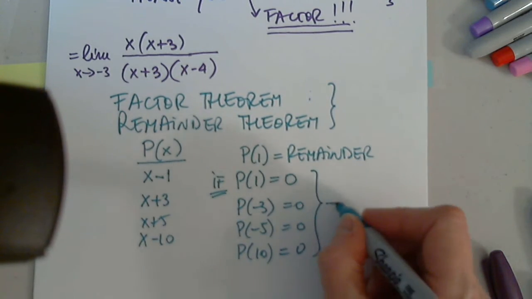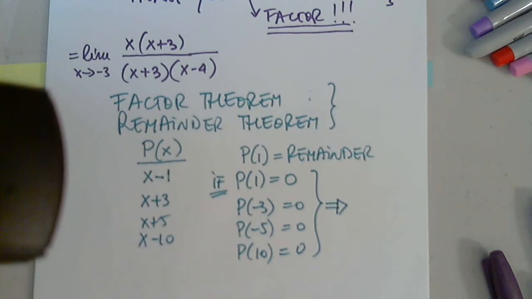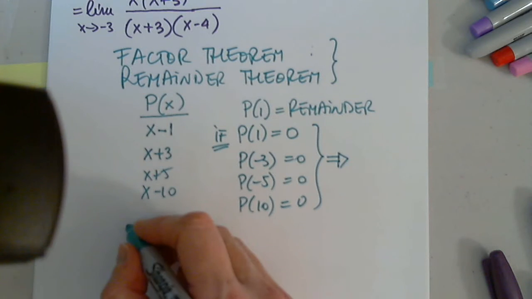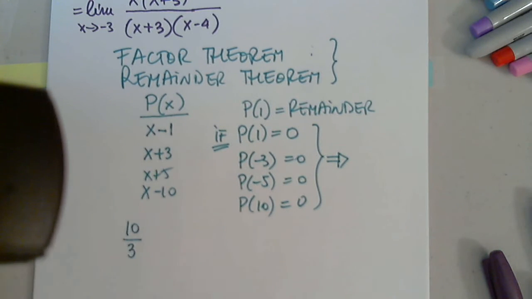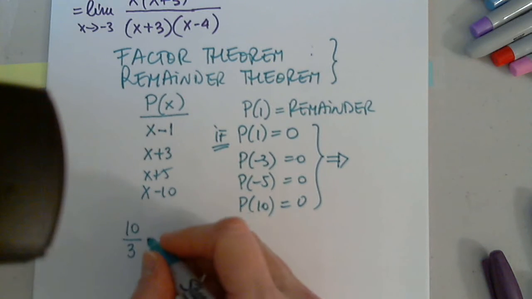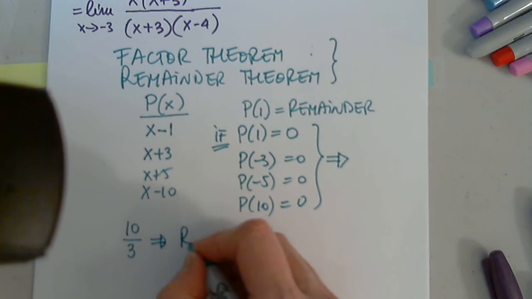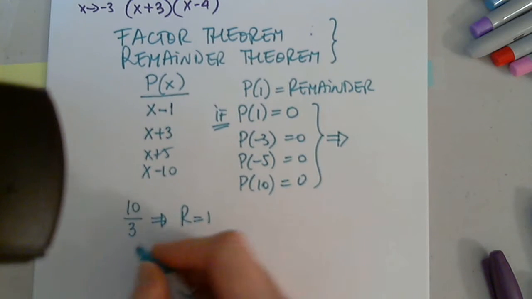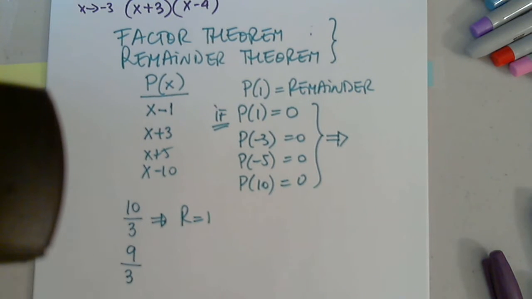What does this mean? Let me help you with a numerical example. Is 10 divisible by 3? No. So here the remainder is 1. But is 9 divisible by 3? Yes.